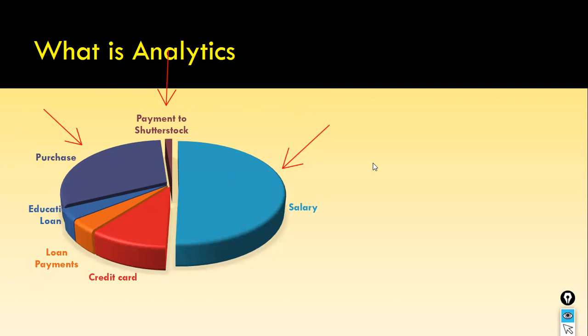Had you done data analytics on a month-on-month basis, had you tracked it on a monthly basis, you would have saved 5 months of money spent on Shutterstock.